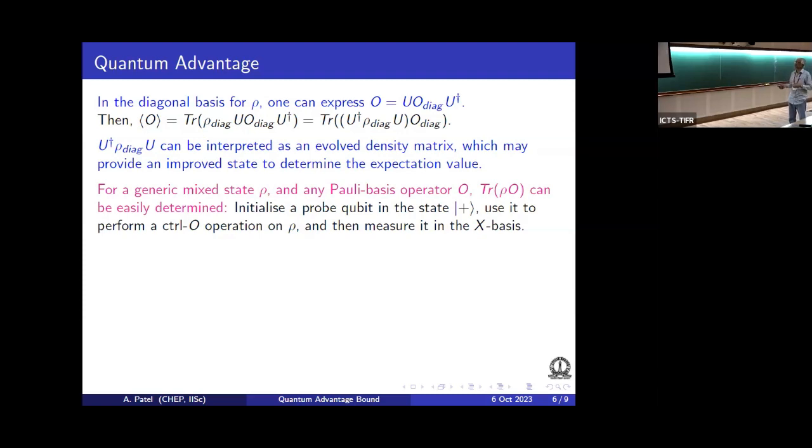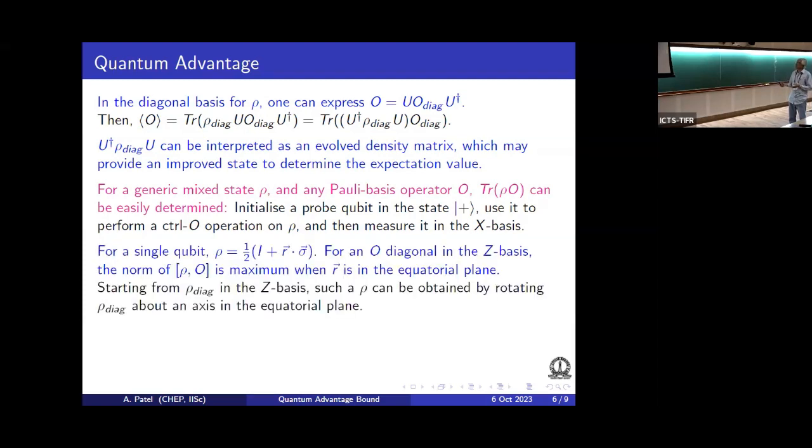And that allows you to simplify the whole analysis for measurement of a Pauli basis operator to just a simple operation of control O acting on the density matrix and a simple measurement. So that is not too complicated if you want to calculate any trace.